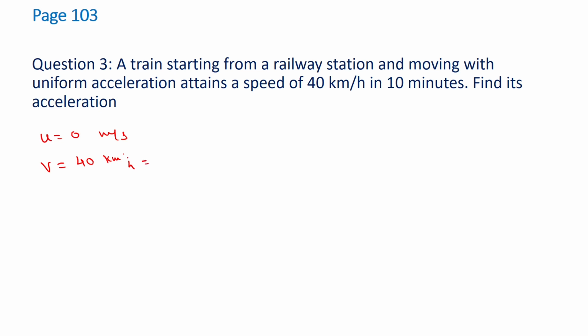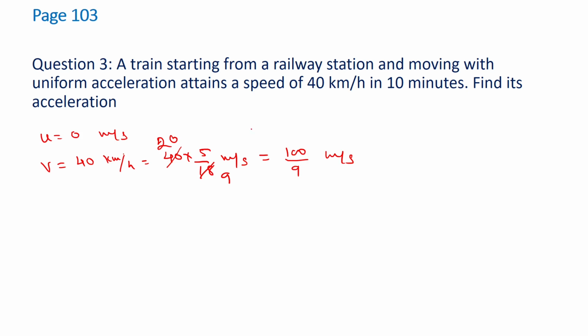So we have to convert it into meters per second, 40 into 5 by 18 meter per second. Dividing, we get 20 divided by 9, and 5 into 20 is 100 divided by 9 meter per second.